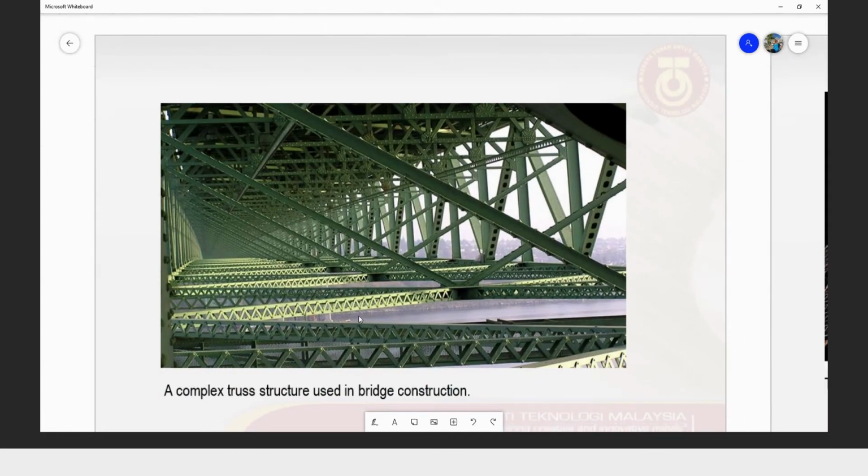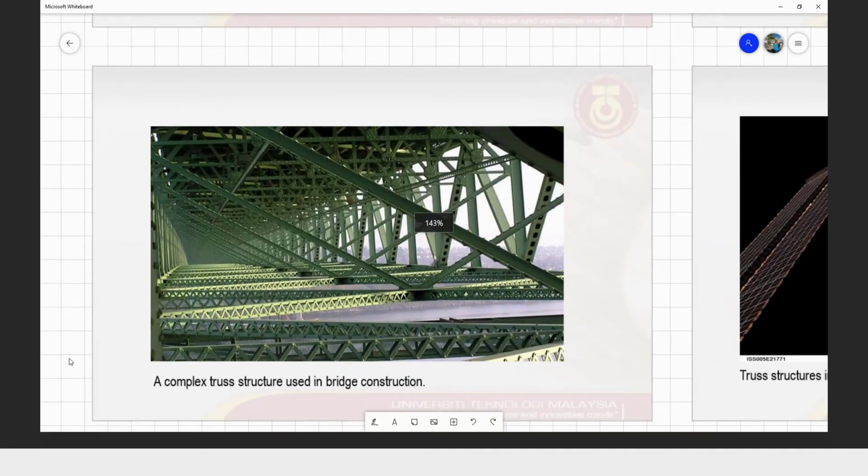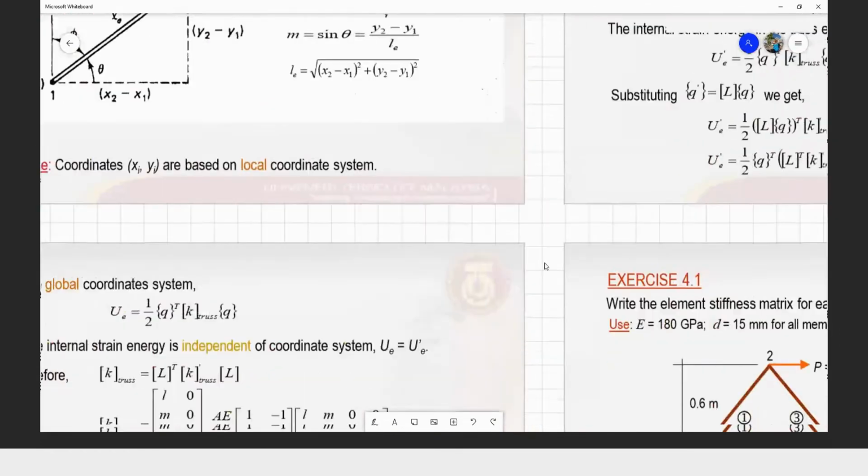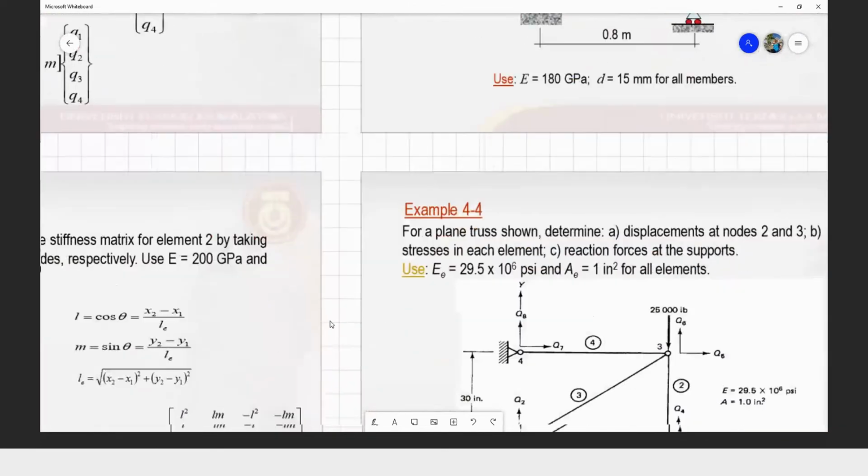So our structure just now may have come from one triangle and the joints out of maybe thousands of plane trusses that we can see in this bridge.